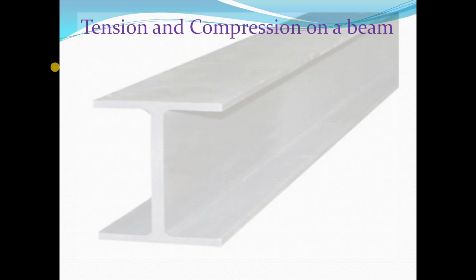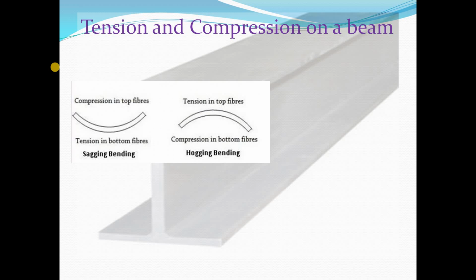Tension and compression on a beam. When a simply supported beam is subjected to downward force, the beam bends like this, which is called sagging, and the top fibers of this beam are in compression and the bottom fibers are in tension.